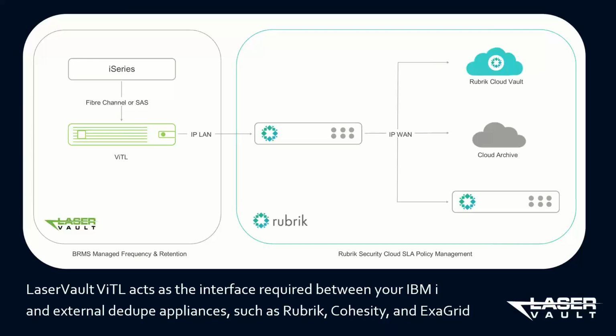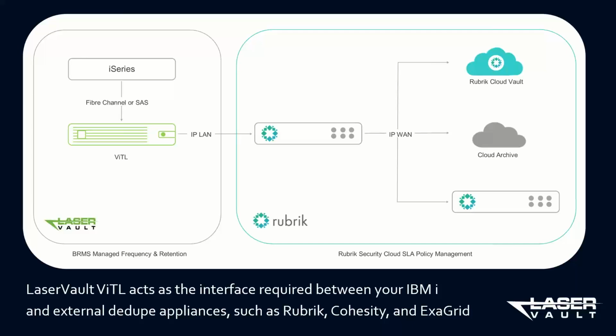We'll also talk about how our solution can interface as a gateway to solutions that perform deduplication, replication, and data immutability, such as our technology partners Rubrik, Cohesity, Exagrid, as well as IBM's solution. And then we'll go over the fact that being able to back up to any SAN or NAS disk storage means you might be able to utilize existing storage for your IBMI backups.